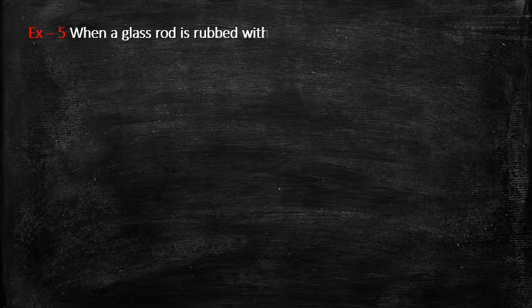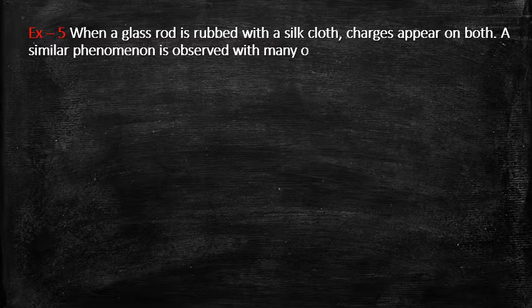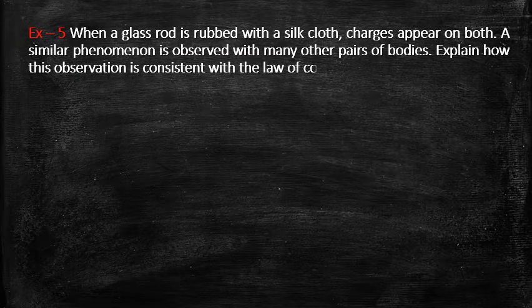Now we have the problem of electrostatics, where we are producing charges. We are told that when a glass rod is rubbed with silk cloth, charges appear on both. A similar phenomenon is observed with many other pairs of bodies.